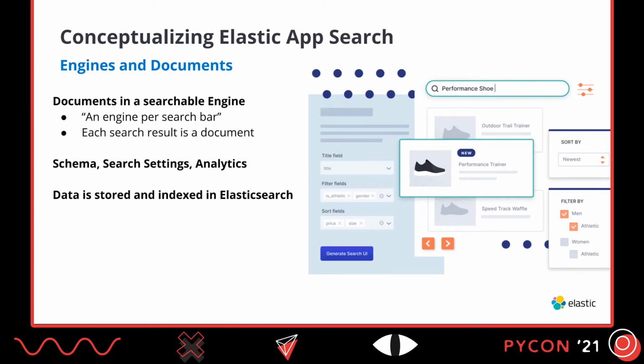Search settings determine how each document is scored when a search is executed. And then finally, analytics is data about how the engine searches are performing from a search experience point of view. All the data and settings for App Search are ultimately indexed and stored within Elasticsearch, but this detail is completely transparent from an App Search API perspective. All you need to think about are documents and engines.